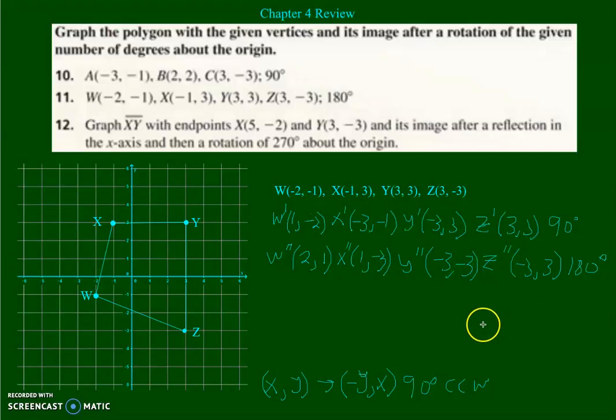Okay, now all we have to do is plot our final rotation points. So let's make it this color, and we have 2, 1.